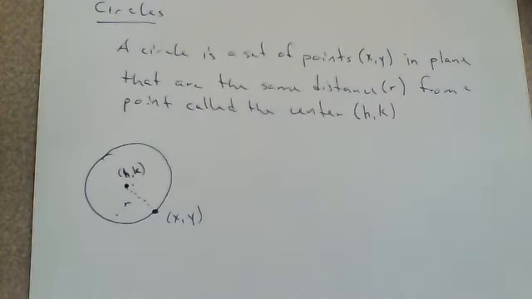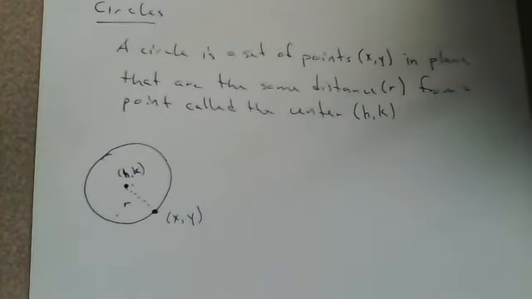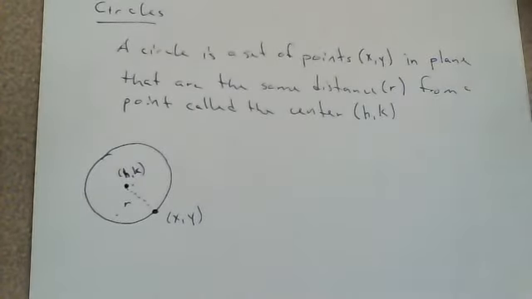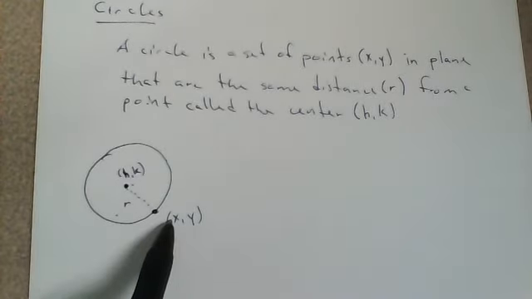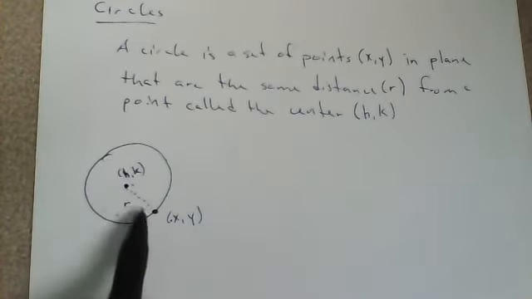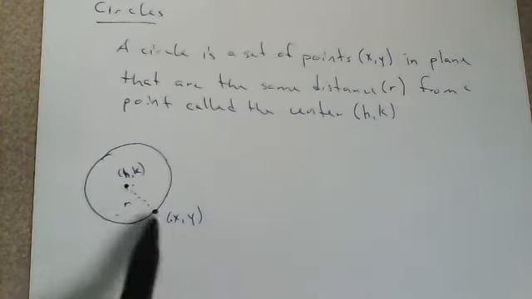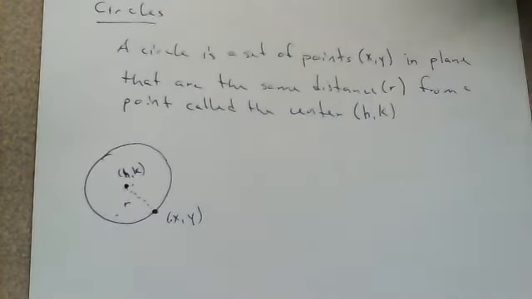So the way that we came up with the equation of a circle, which is what you're going to have to learn to write, is by taking these points and finding out what R is. So think about this. This is a point, and this is a point. R is the distance between 2 points. We know how to find the distance between 2 points.